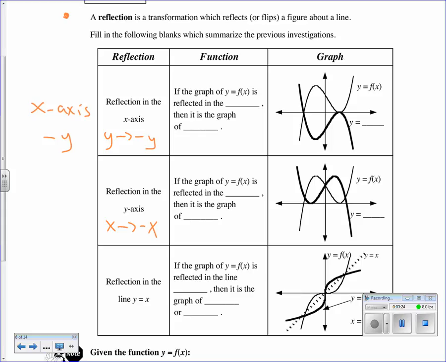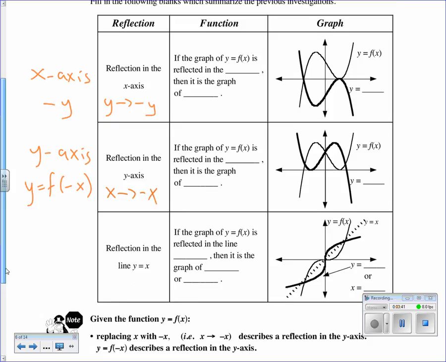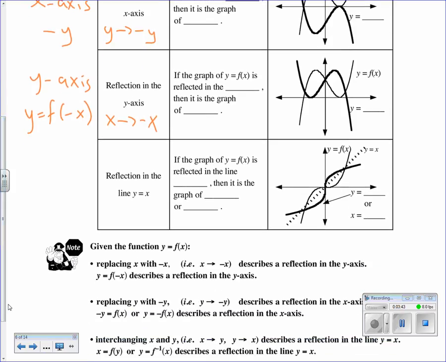It's a reflection in the y-axis, and I'm getting a graph of y equals f at minus x. And if I reflect it in the line y equals x, it's reflected in that same line, so the line y equals x. Then it's the graph of the inverse.